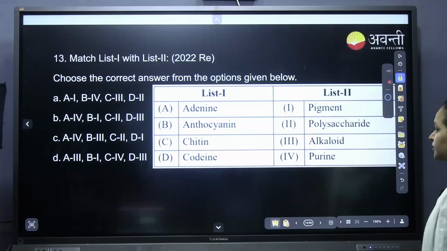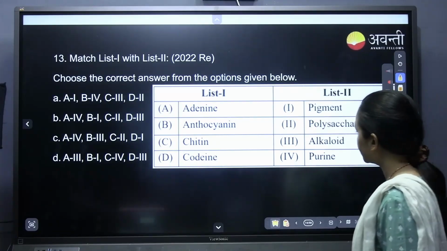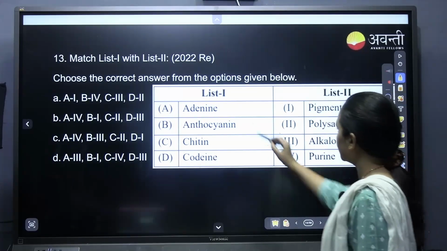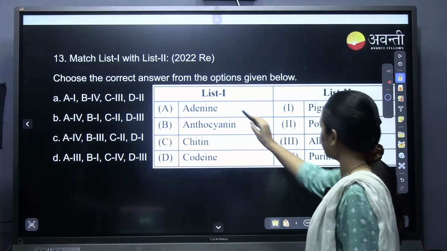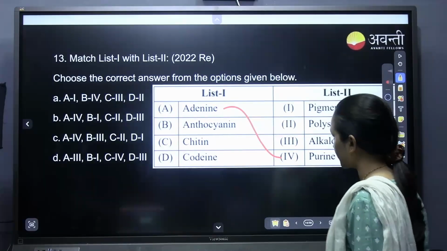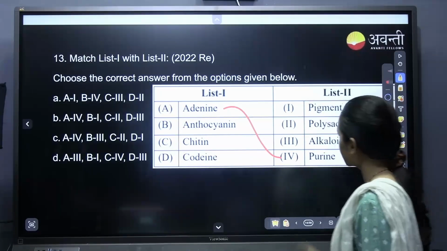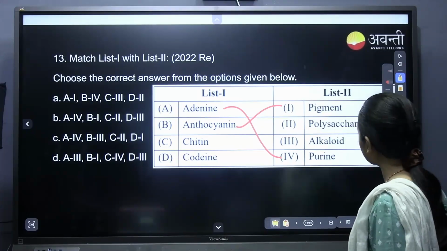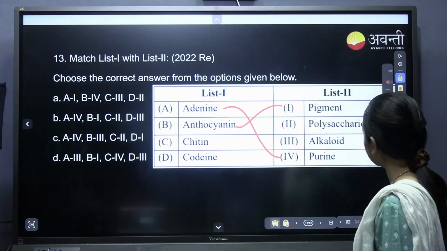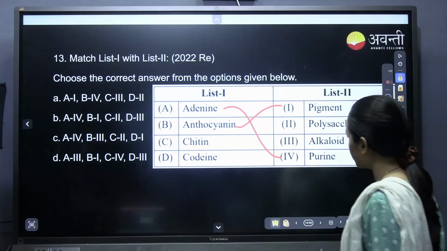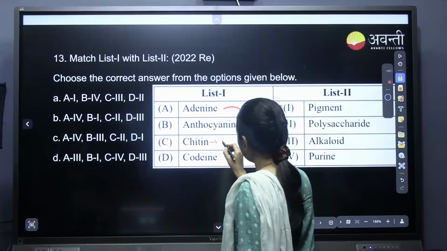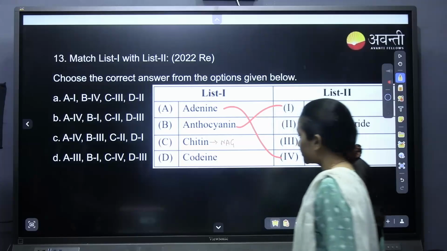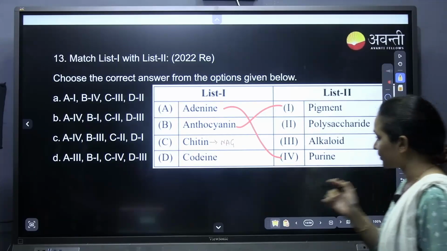Now again match the following, with another set of secondary metabolites. Adenine is a purine. Anthocyanin is a pigment, a secondary metabolite. The fungal cell wall is made up of chitin. Chitin is a polysaccharide made up of N-acetyl glucosamine, that is NAG.